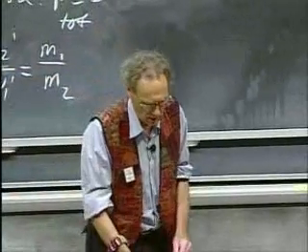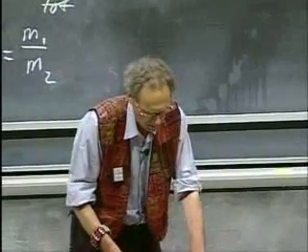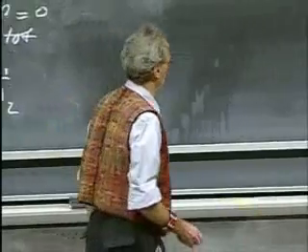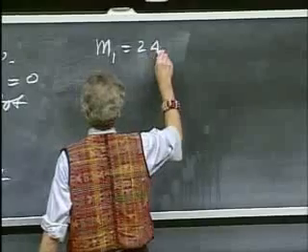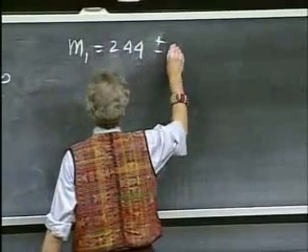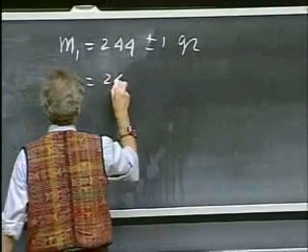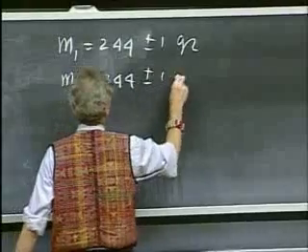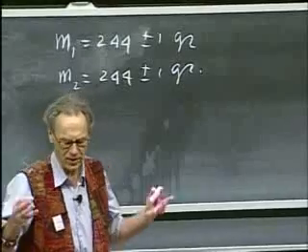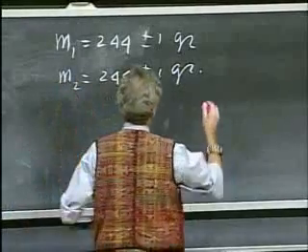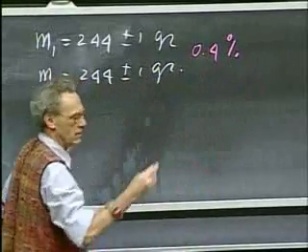So that's the way we will measure the time for each car to move by 10 centimeters. The first experiment that I will be doing, M1 is 244 plus or minus 1 gram, and M2 is also 244 plus or minus 1 gram. In other words, the uncertainty in the masses is something like 0.4%. That's just part of life. I can't do much better.